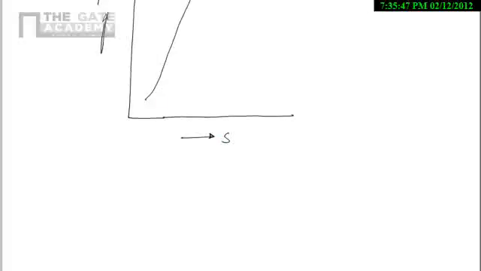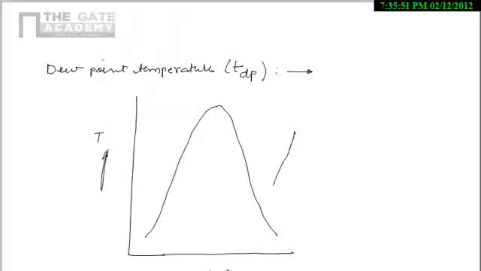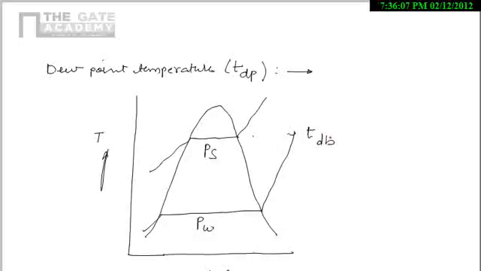In the TS diagram we have PS, we have PW, we have the dry bulb temperature, and here we have the dew point temperature.